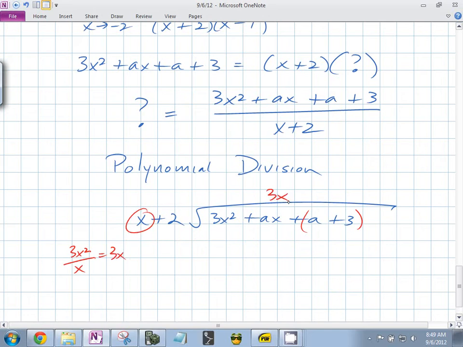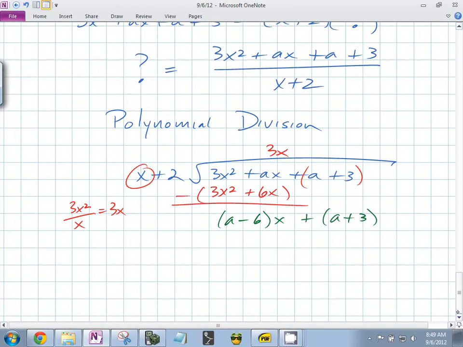You multiply now. 3x squared plus 6x, and now you subtract. What's 3x squared minus 3x squared? These cancel, and you're left with a minus 6x. Is that correct? Mm-hmm. What do we drop down? You can drop down a plus 3. That's fine.